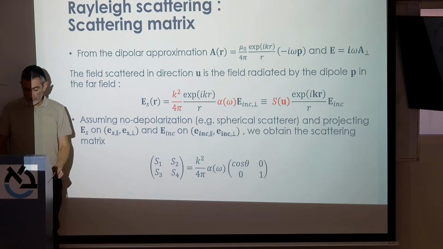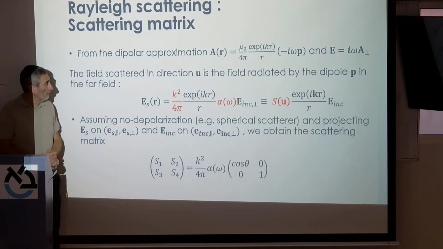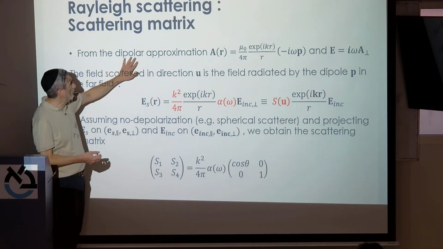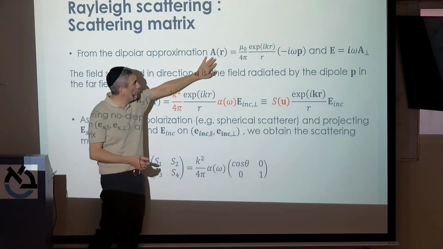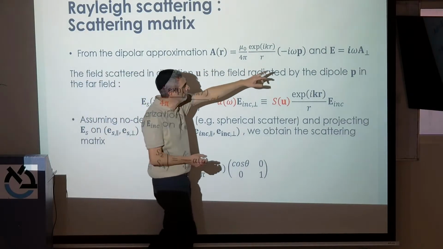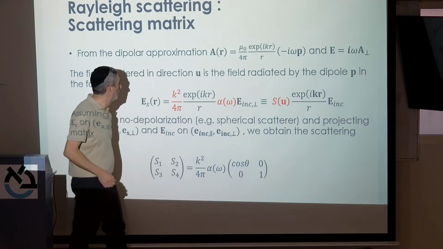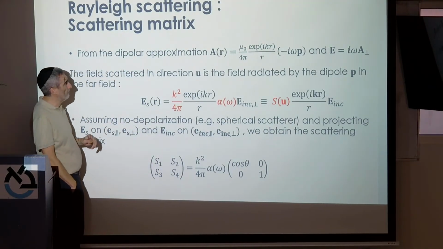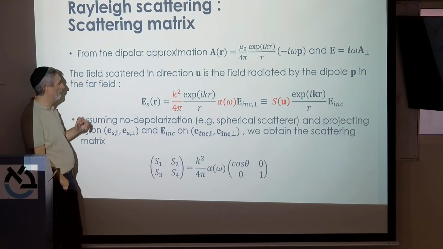So what happens in the case of the Rayleigh scattering? That's something that we did last time. Dipolar approximation. We have the expression for A of r, and from A we can calculate the E field. The field scattered in direction u is the field radiated by the dipole P in the far field.